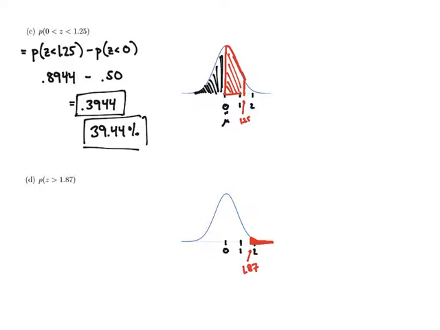That's going to give us the probability that's less than that. So we're going to use our complement rule here and write that this is going to be 1 minus the probability that z is less than 1.87. So this is what we need to find in our z-score table, because that's a probability of z less than something. So let's find that.